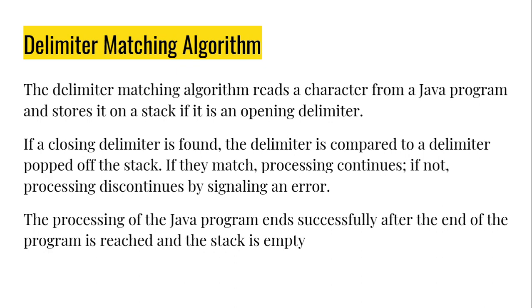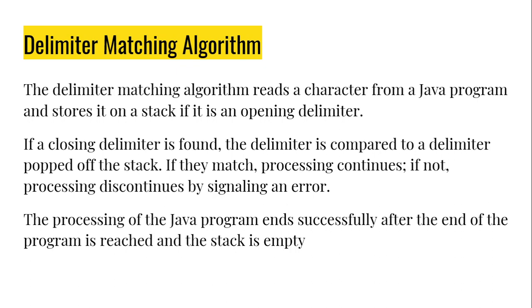So the delimiter matching algorithm will read a character from a specific Java program. This is the entire algorithm of how to detect mismatching or matching of delimiters. The delimiter will be detected and it will be stored in a stack of the opening delimiter. So only the opening delimiter will be stored in the stack.